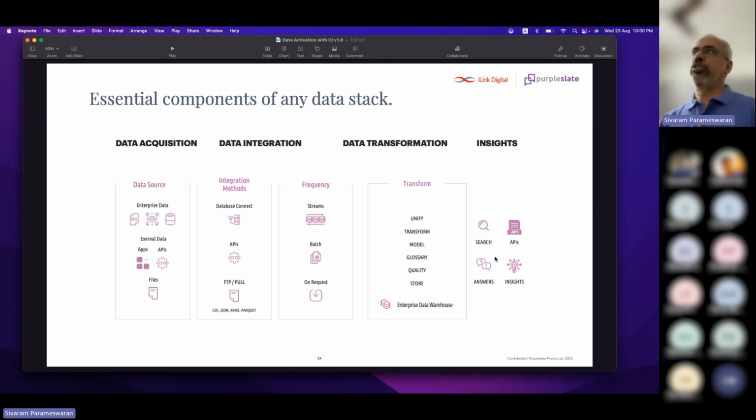We merge them together and do the transformations required for the reporting layer, build the enterprise data warehouse, and from there the data is consumed in whatever BI tools or reporting tools we make use of. It's very common, nothing magical about this. It's a very common data stack in any implementation today.